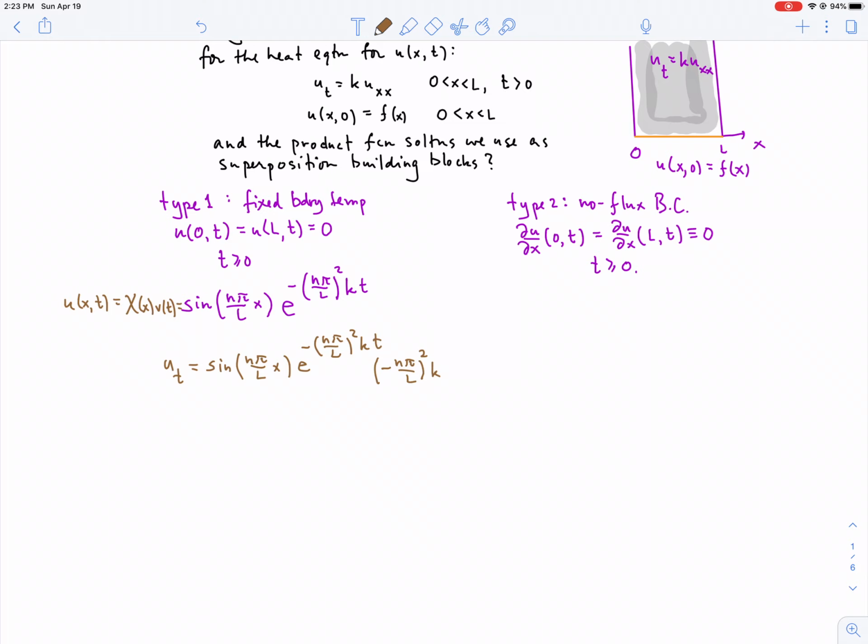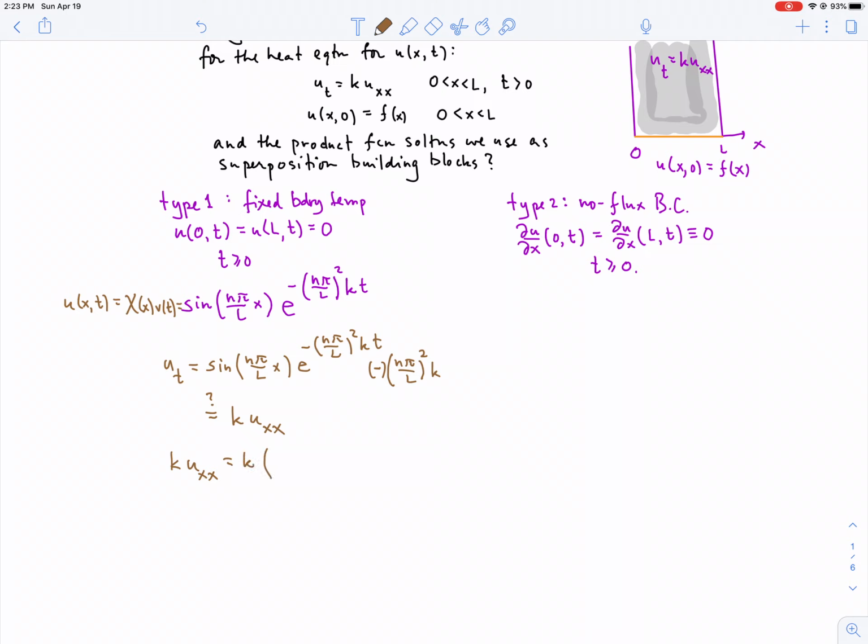Okay, now let's compare this to k uxx. Oh, and I got the minus sign in the wrong place. Well, if I take k uxx, I'll be taking two derivatives of the sine term in the product, and I'll have the k.